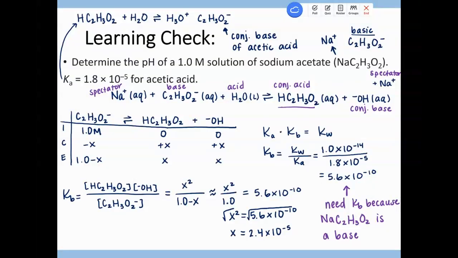So knowing OH minus concentration, I'm going to write that on this next slide, which is equal to x, which is 2.4 times 10 to the negative 5 molar. Remembering that we need pH. With the OH minus concentration, we can calculate pOH.